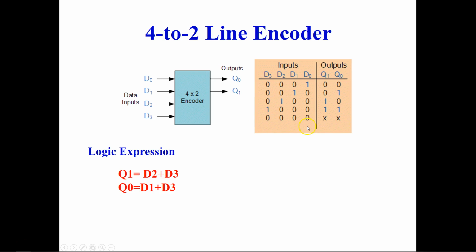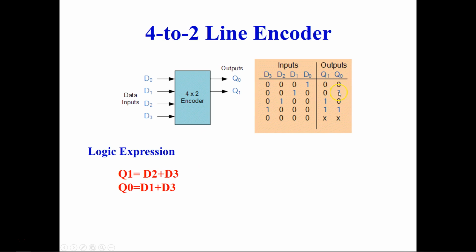Now the logic expression. You know how to build the logic expression and reduce it. Let's see for Q1. We will check for ones. Where are the ones? We see 1 here and 1 here. Corresponding to that, when D2 is 1, then Q1 is 1. When D3 is 1, then Q1 is 1, and that's why Q1 equals D2 plus D3.